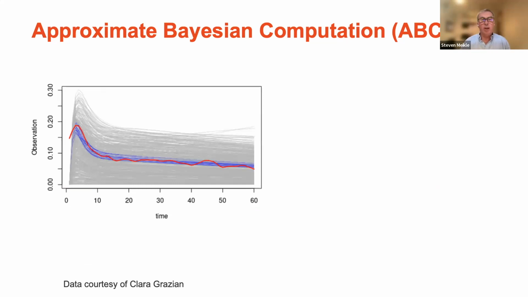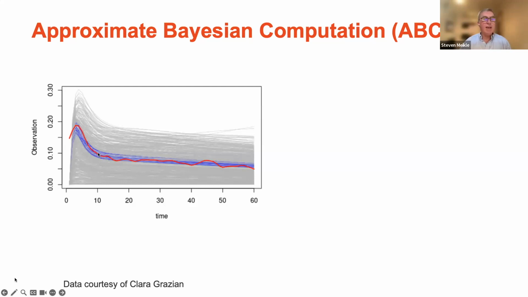And this is what this looks like in practice. This is some simulated data from my colleague, Clara Grazian. In this case, she was simulating a one tissue compartment model. All of the grey curves here are all the trials, all the simulations of the time activity curve based on samples from the prior distribution for K1 and K2.